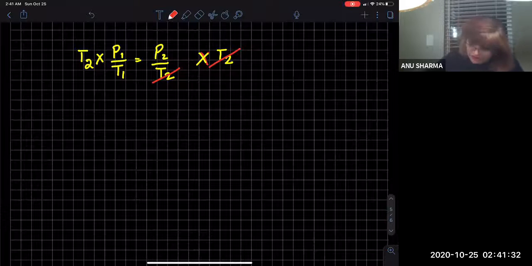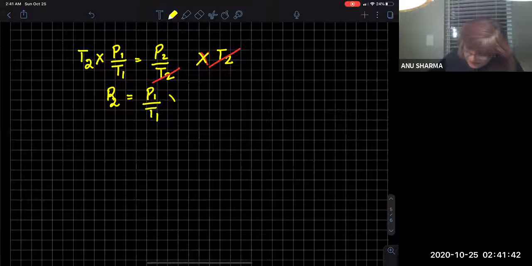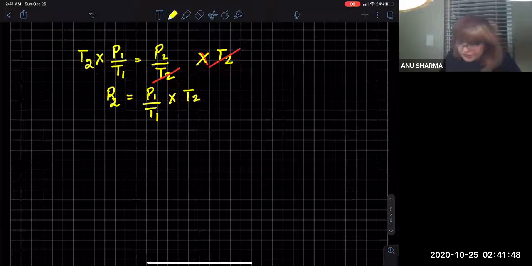Now we can just rearrange this a little bit. So we have P2 is equal to P1 over T1 times T2, or T2 over T1 times P1, that's fine. Now just plug in the numbers.